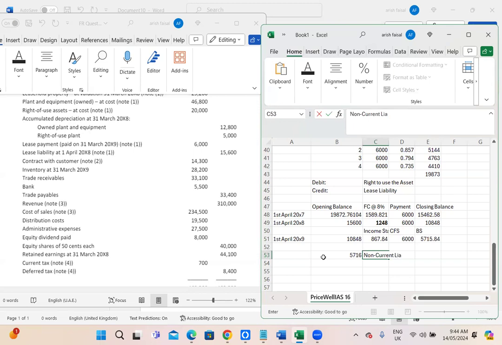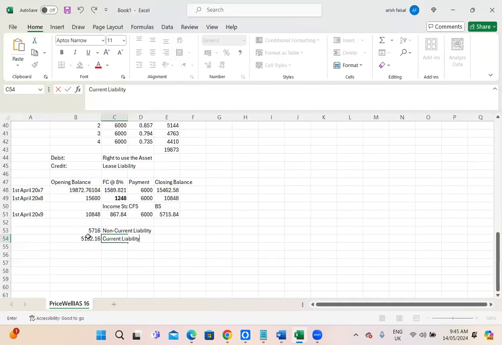So that becomes your non-current liability, right? And the difference between them, which is 10848 minus 5716, so that will become your current liability. Okay.